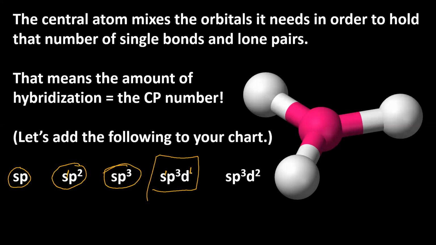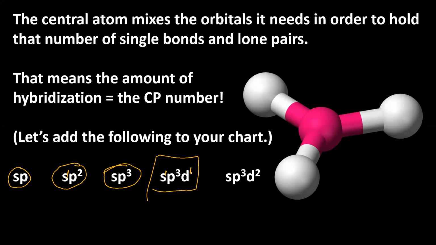So in the case of sulfur or phosphorus, where they're holding 5 bonds around themselves, bonding to other elements, those elements are blending 1 s orbital, 3 p orbitals, and even 1 d orbital in order to hold all that together. It's something only elements in row 3 and beyond can do, because D doesn't appear till the 3rd energy level.